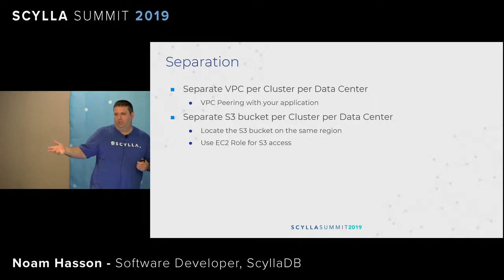EC2 role is something in AWS in which you define a credential for an instance. The way it works, that instance connects to the AWS metadata and acquires access keys to have privileges to do actions in AWS.